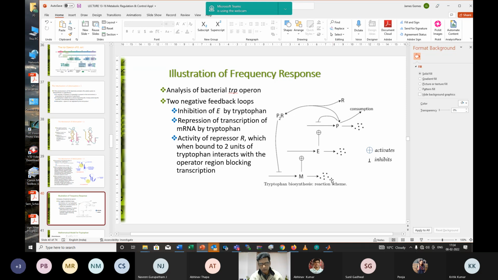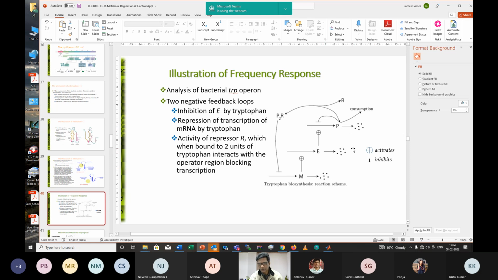So you look at the mRNA, and as the mRNA is getting synthesized, the dot means it can also get degraded later on. If the mRNA is getting synthesized, it will activate the enzyme, the pool enzyme I was telling you about, and that will also activate the synthesis of the RNA polymerase.